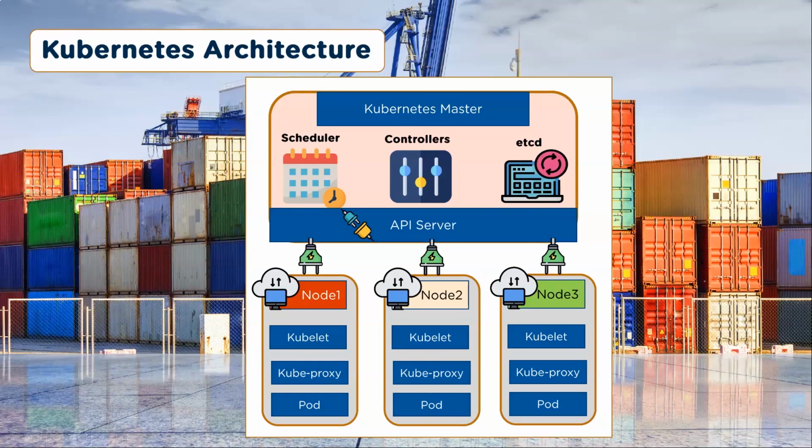And then of course we have the API server, which acts as the main component. All the components of Kubernetes, whether master or node, are directly integrated with the API server. The communication between the master and slave or node machines happens with the help of the API server only.